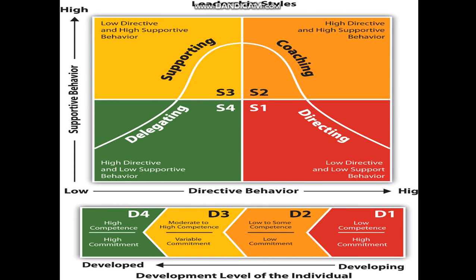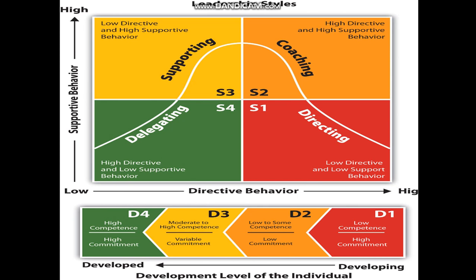Then fourth leadership style is delegating. These subordinates have high maturity, they need low directive and low supportive behavior.